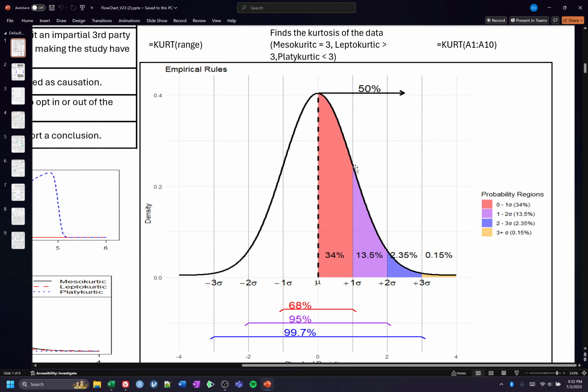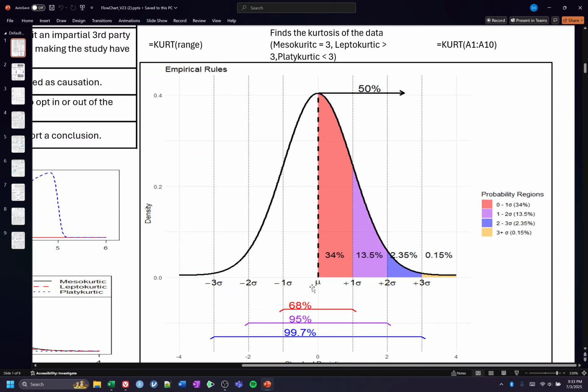So let's take, for example, heights of men in the United States. Heights of men in the United States have a mean of 5'10" and we'll say a standard deviation of about 3 inches. If we go up 3 inches to 6'1" and down 3 inches to 5'7", that accounts for about 68% of all men in the US, within plus or minus one standard deviation.